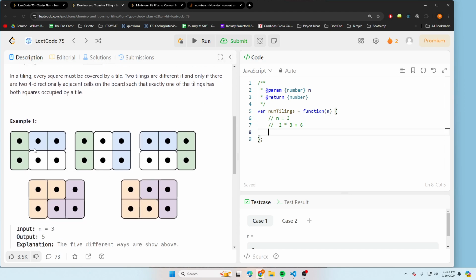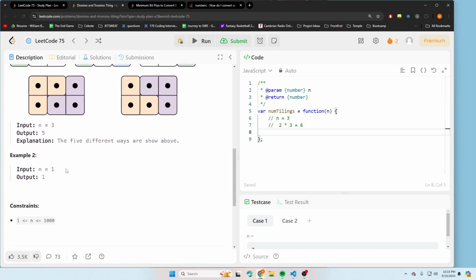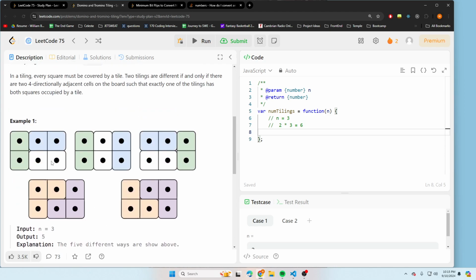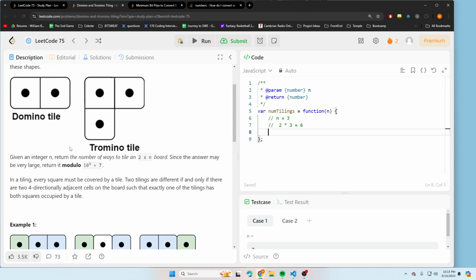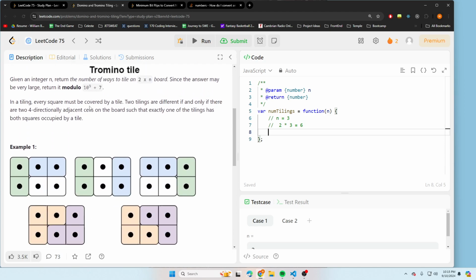And that's why we need... Wow. How do we do this? We have a domino and we have a tromino. It could be a combination of that too. Like if it's an 8, you could have like 1, 2, 3, 4. Okay, let's see.